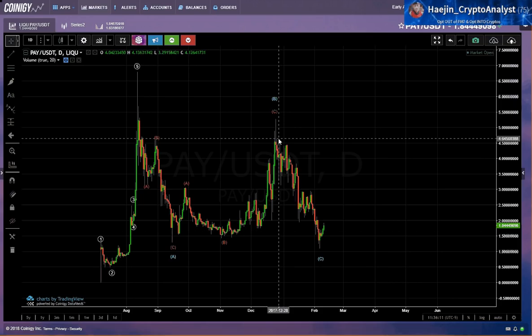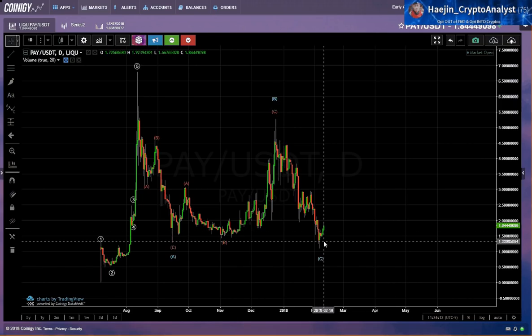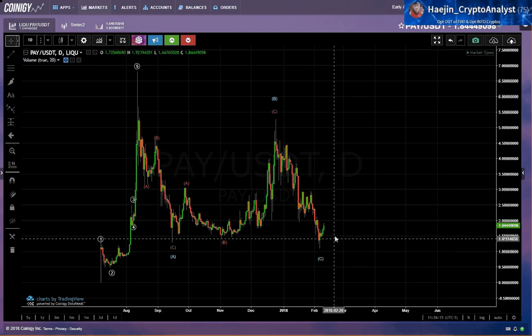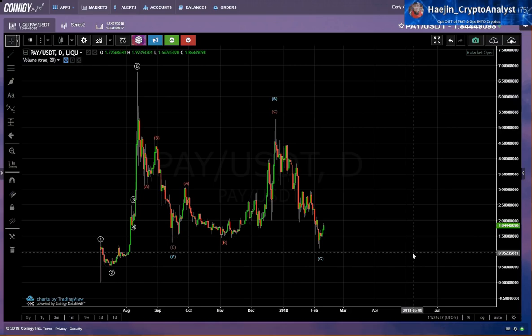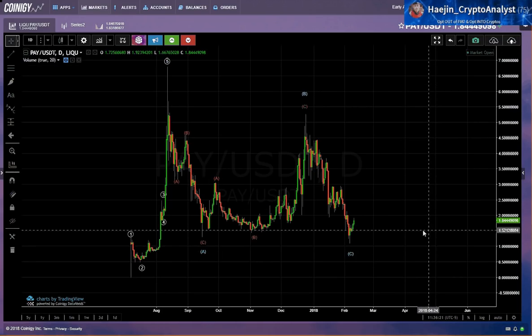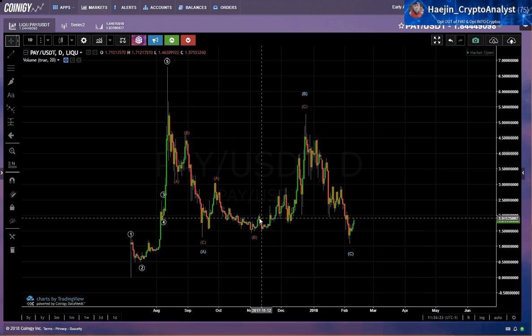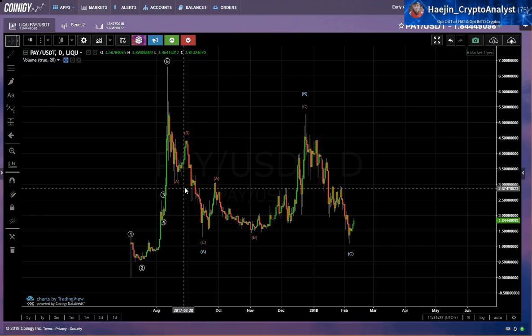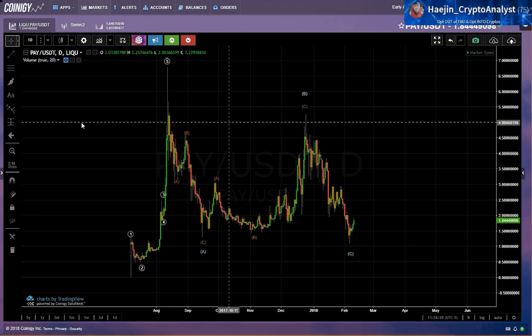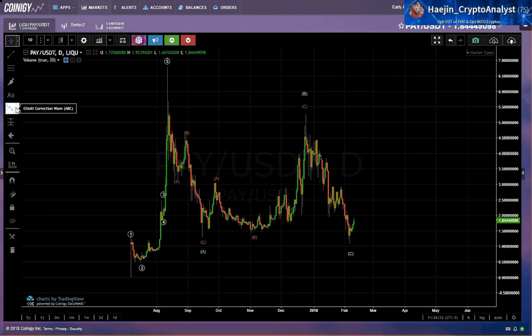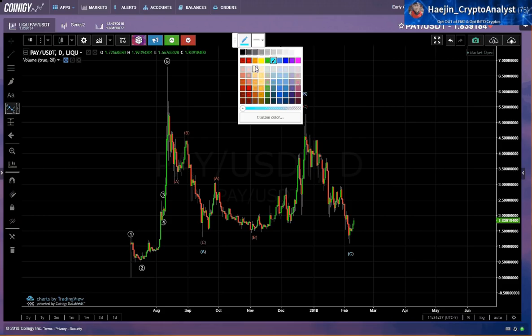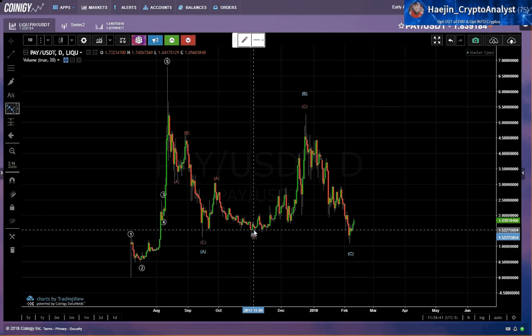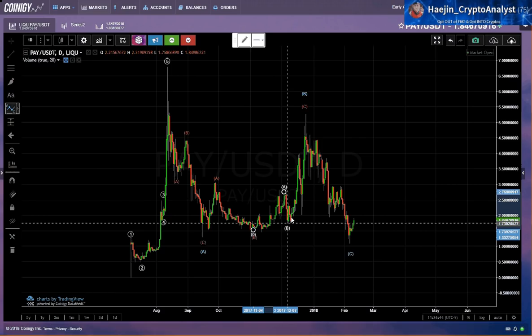And if this is a C wave, there has to be 5 subwaves. And those 5 subwaves can be counted. But before that, let's count these subwaves of this and the B. From B to C, you also have ABC.